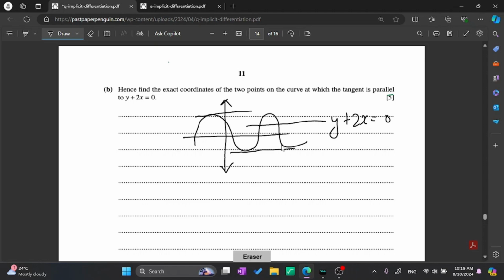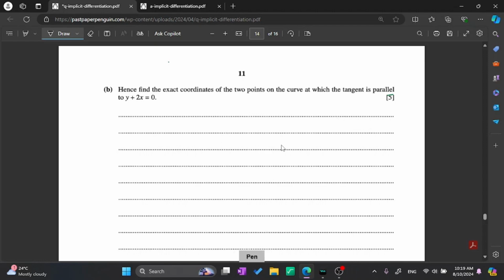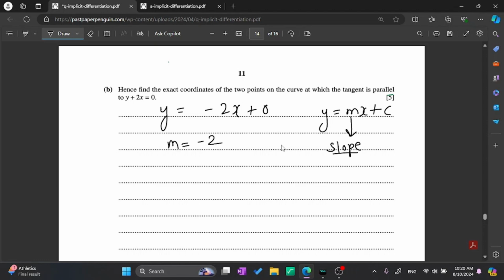Now, the first step is to rewrite this equation. We know that y equals minus 2x plus 0. This is in the form of y equals mx plus c, where m is the slope or gradient of a line. So, the gradient of the line m is basically minus 2.